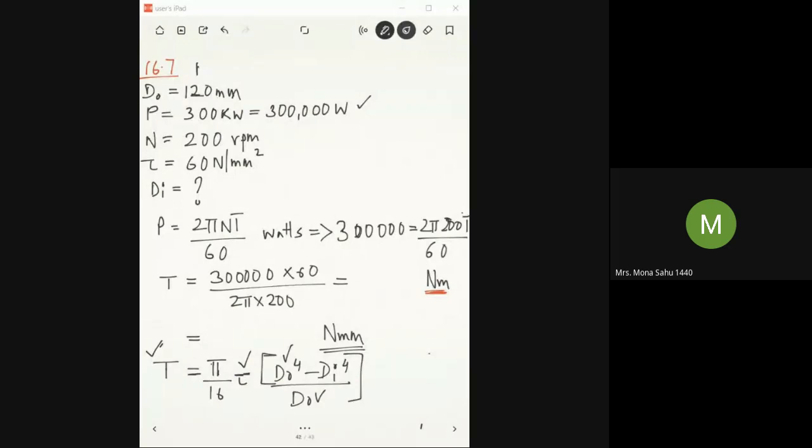Are you solving? 2 more minutes. Anyone who's got the answer can answer.